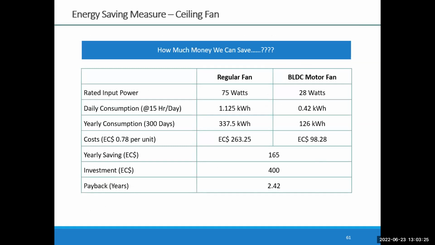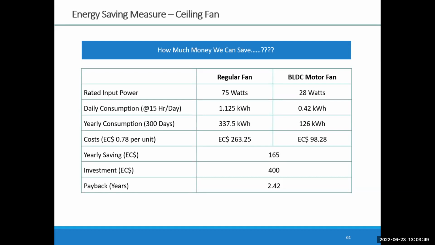For example, if you take the nameplate detail, that is 75 watts for a conventional fan and 28 watts for a BLDC fan, and the daily usage is 15 hours per day. A regular fan takes around 1.125 units per day for 15 hours of usage, whereas a BLDC fan consumes only 0.42 units.